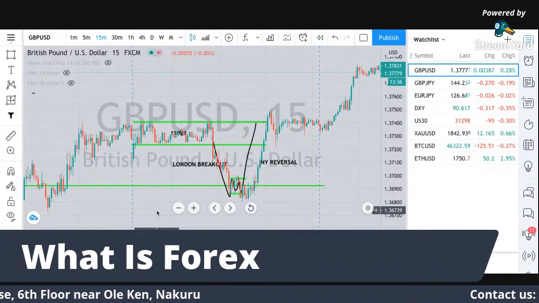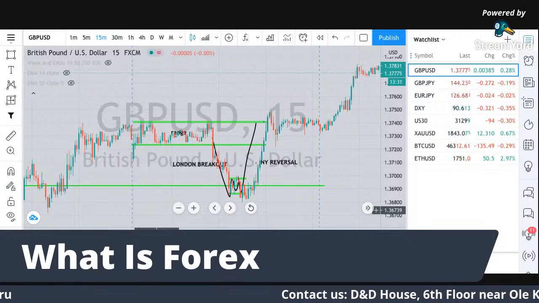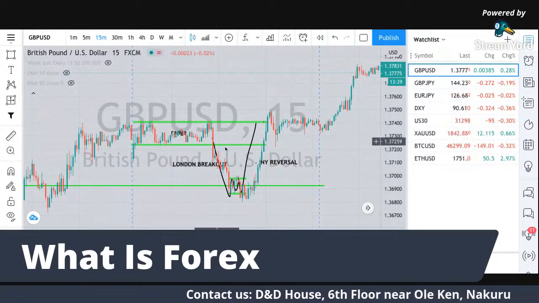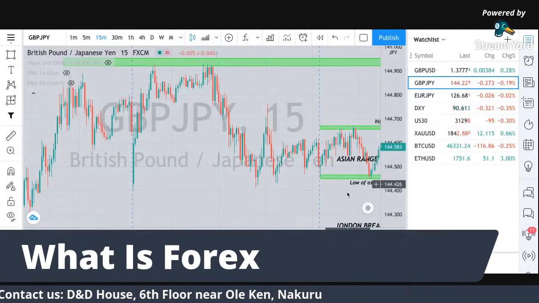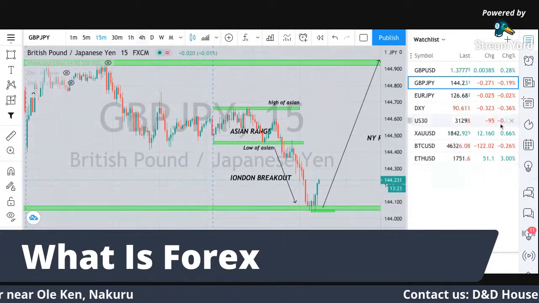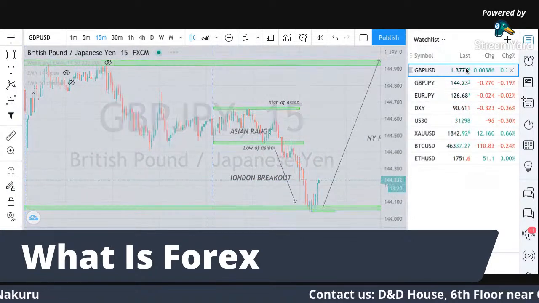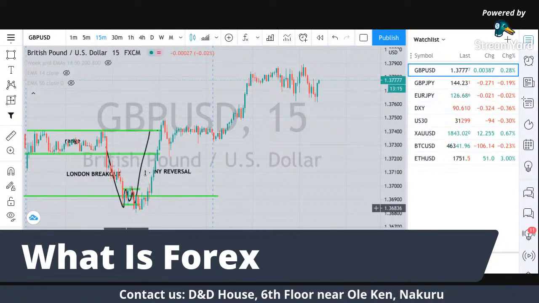This is like the daily structure, what happens probably every day. The same thing that happened yesterday, the same thing that we're expecting for GJ. This is the Asian range breakout, and then there's the New York reversal.